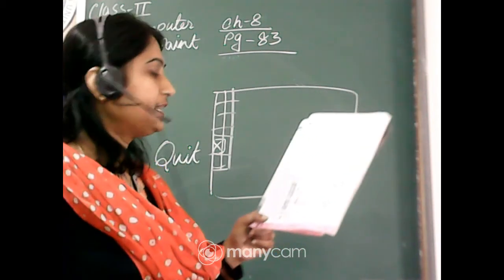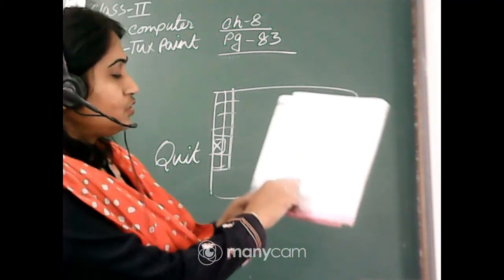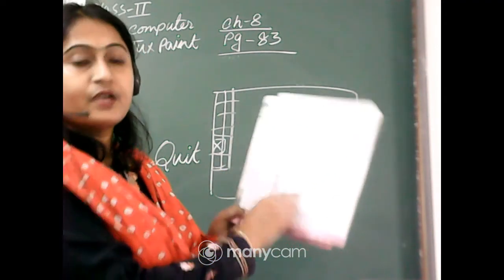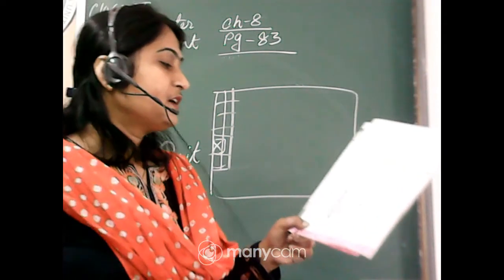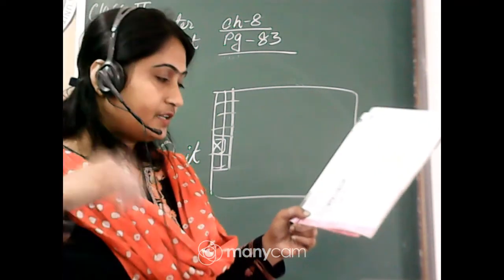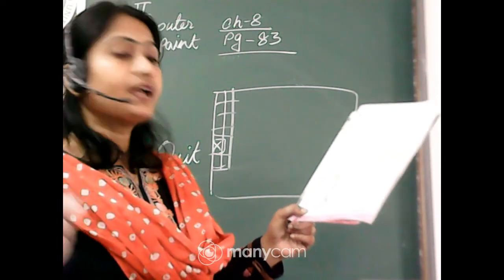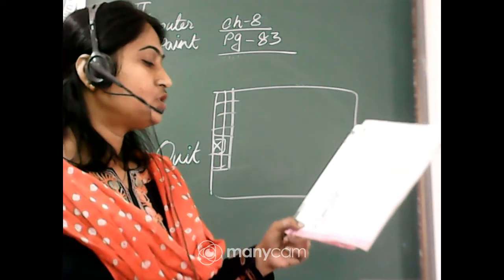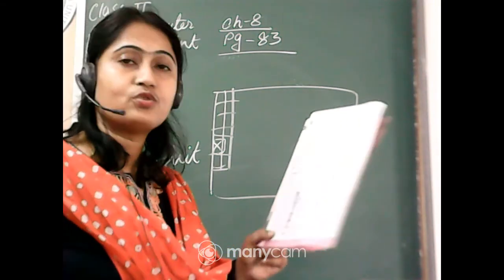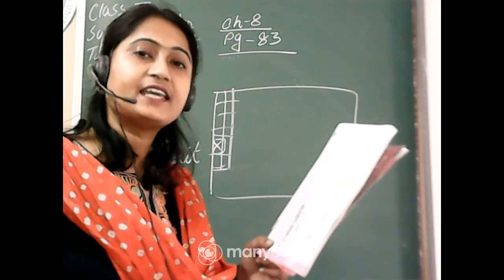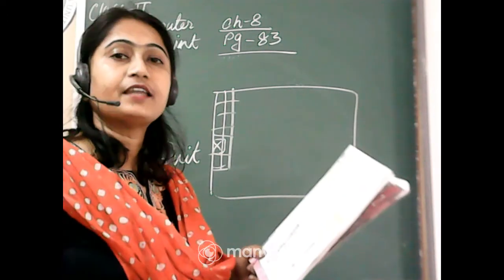When you click it, one message box will show: do you really want to quit? Then tick yes, I am done, and cross no, take me back. If you want to close, just click yes, I am done.